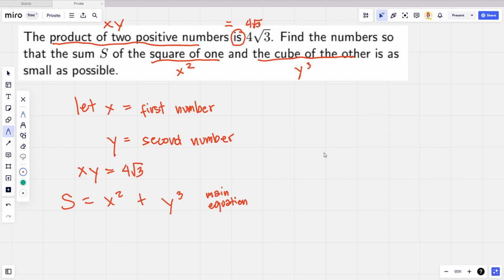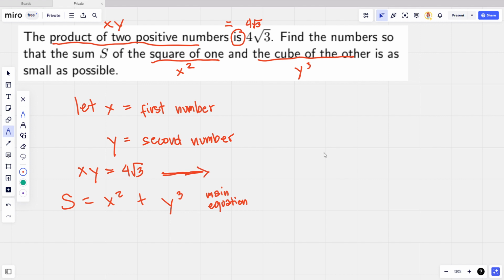It's stated that what we need to minimize is the sum of the square of one and the cube of the other. We need to express it in one variable, so we will make use of the given equation.